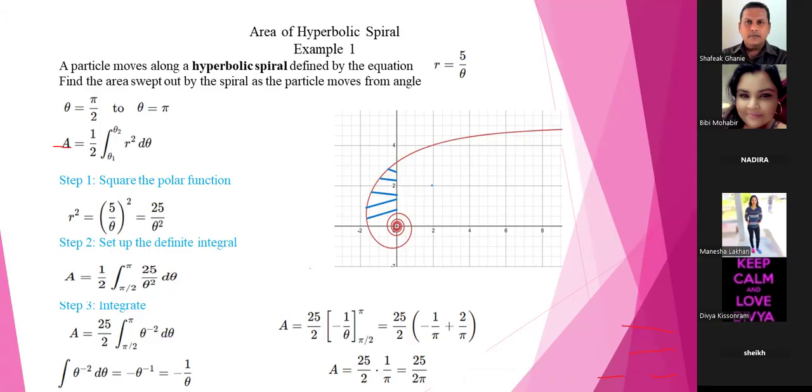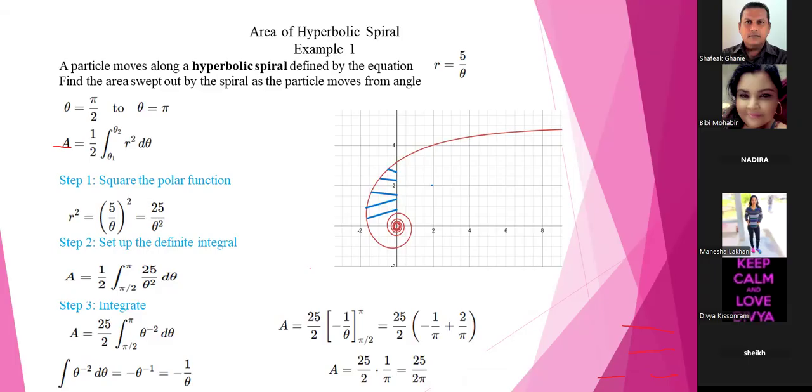So the general formula for the area enclosed by a polar curve is half the integral from theta 1 to theta 2 of r squared with respect to theta, which is this. We square the polar function, so 5 over theta becomes 25 over theta squared.